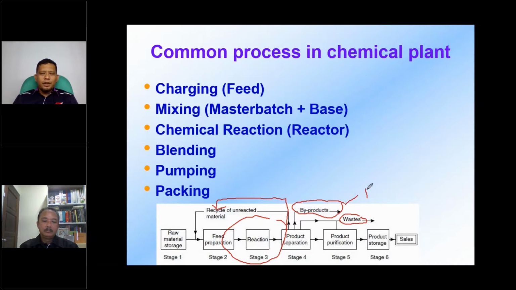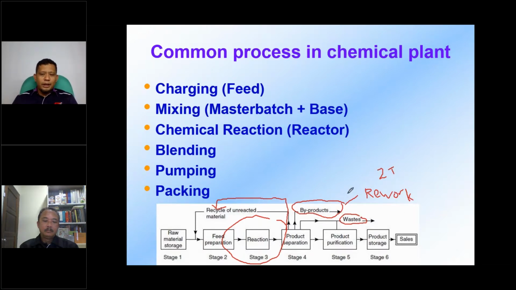Some maybe call it blending, reblend, rework, and then reblend. So actually you should produce 10 ton here, but you have to rework 2 ton. It means it's over processing. It means you have to do more process. It's more waste, less efficient.